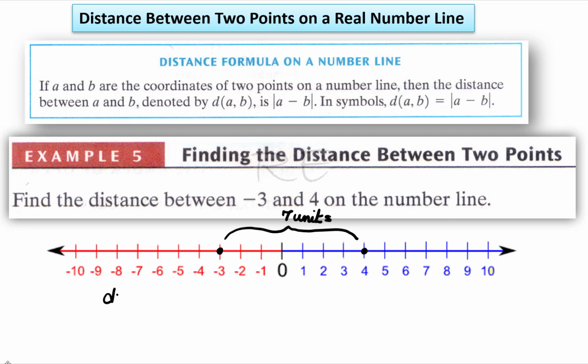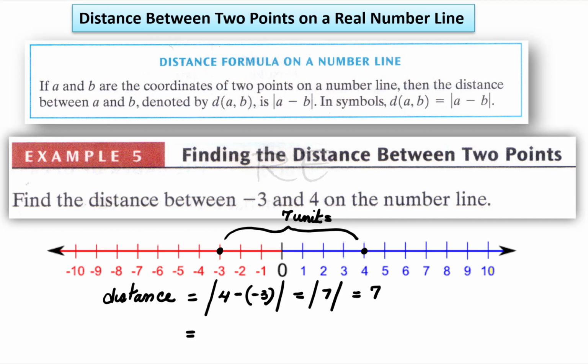The formula will allow us to find that distance without counting the units, and it's going to be the absolute value of 4 minus -3, which is really the absolute value of 4 plus 3, absolute value of 7, which is 7.